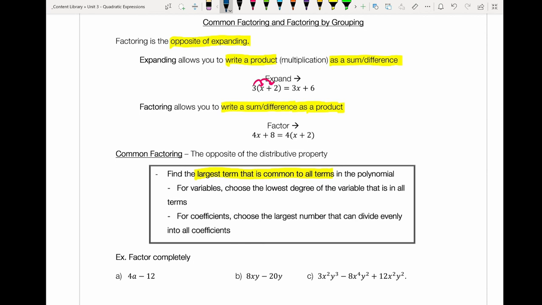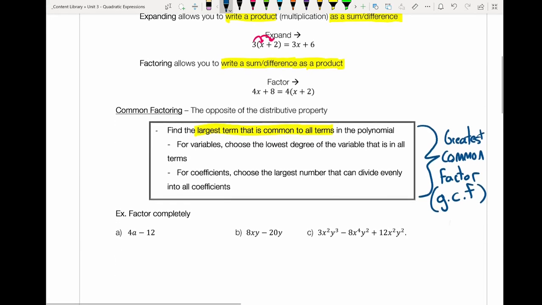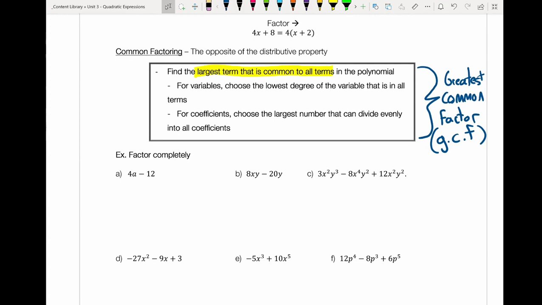And this entire term that we come up with is called the greatest common factor, or GCF. That is what we're looking for, and we'll see what we have to do with that.